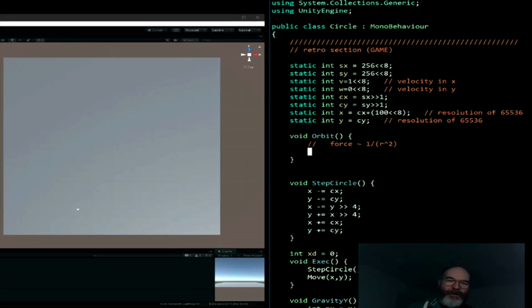Well, if we want to work out the square of the distance from the center of the screen, then hopefully you'll be able to visualize this as a triangle, where the two sides in x and y are the offset of the ball from the center in x and y.